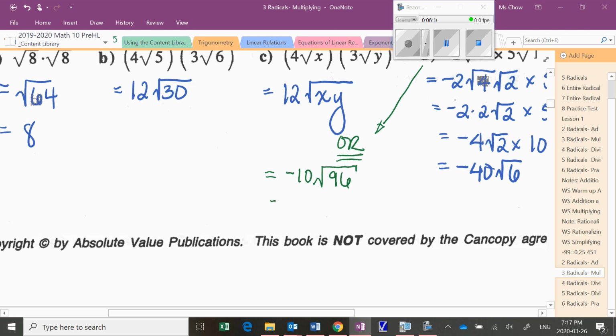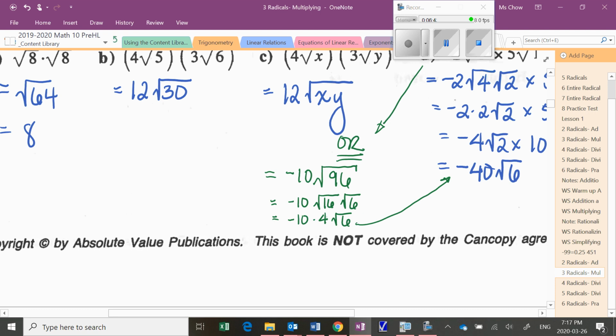But then some of you might recognize, oh well, hey, 16 goes into 96, so I could have root 16 times root 6, because 16 times 6 is 96. And so then that's looking at negative 10 times 4 times root 6, and of course negative 10 times 4 is negative 40 root 6, which is what we have over here.